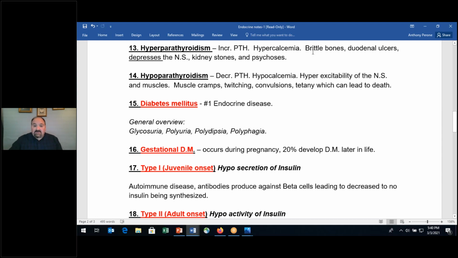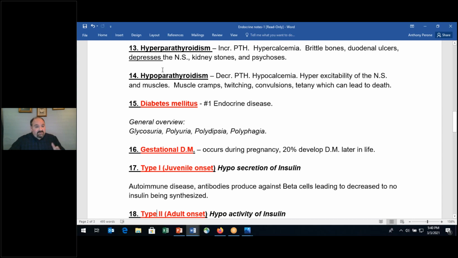And as a result, brittle bones, because we're increasing osteoclastic activity. It can lead to ulcers in the duodenum. Know that primarily ulcers in the stomach and the duodenum are a result of a bacterium called Helicobacter pylori, aka H. pylori. But there can also be other causes of ulcers within the digestive system.